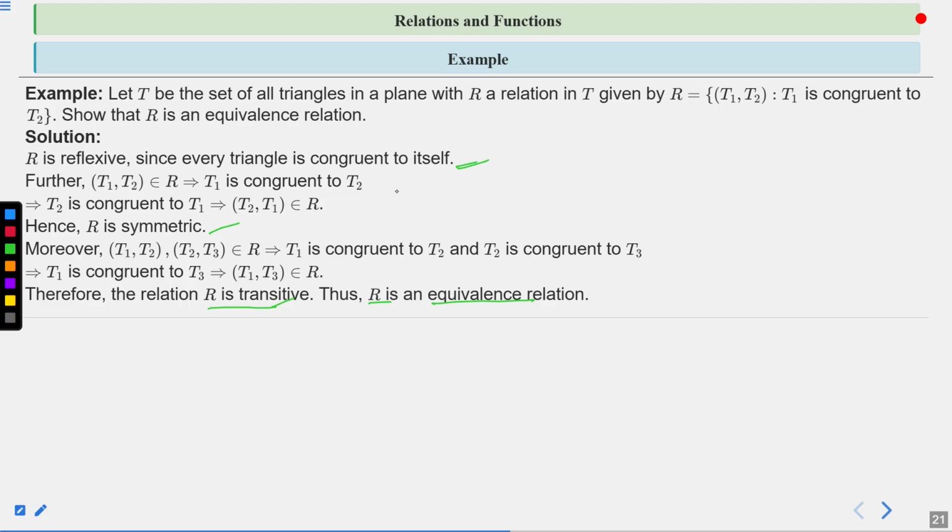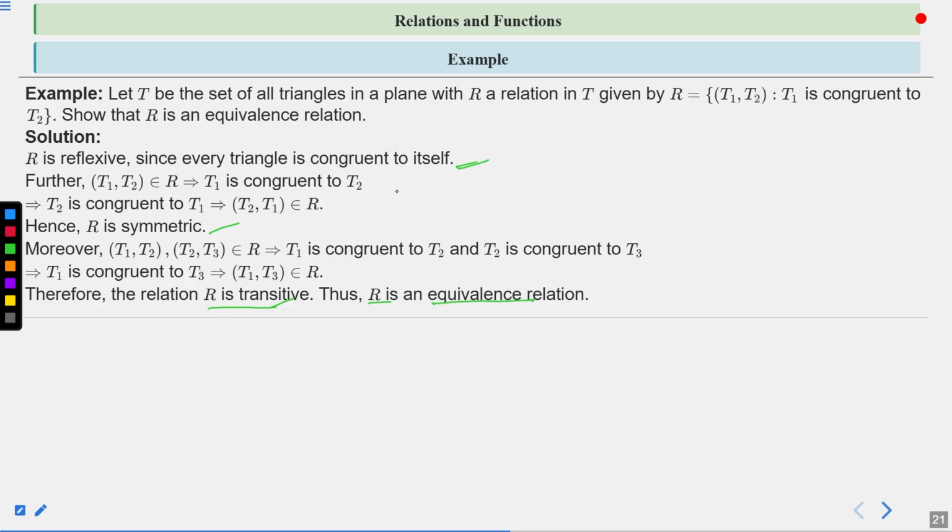Every time you see a question related to reflexive, symmetric, transitivity, always start with the given condition. For reflexive, you have to show T1 comma T1 always belongs to R, for T1 belonging to the domain set, or in general A comma A always belongs to the relation R, for A belonging to the domain set.